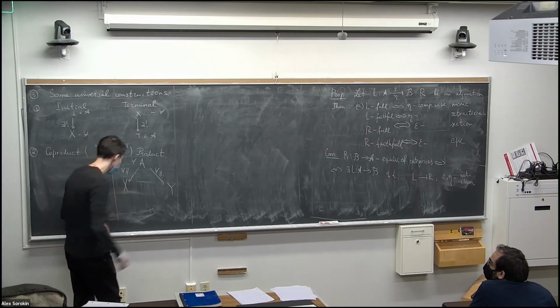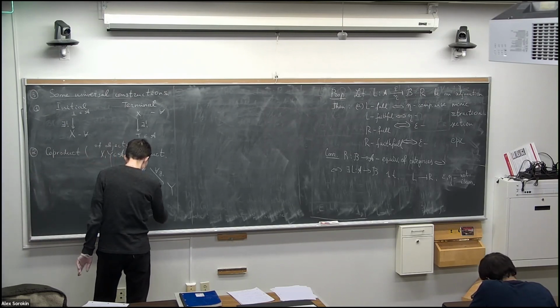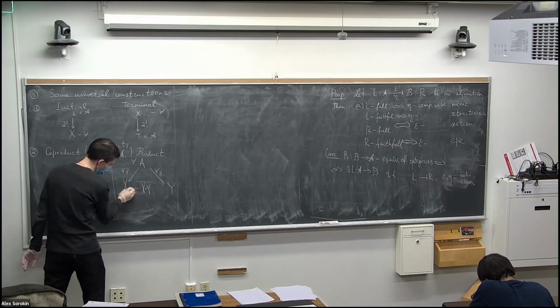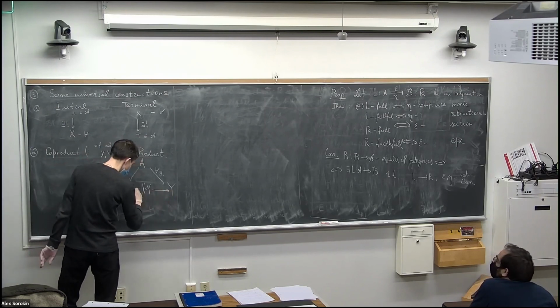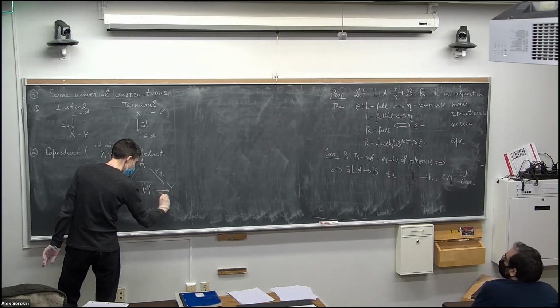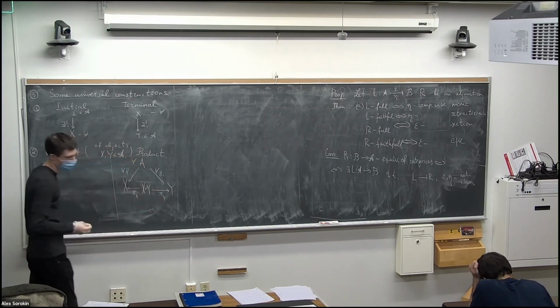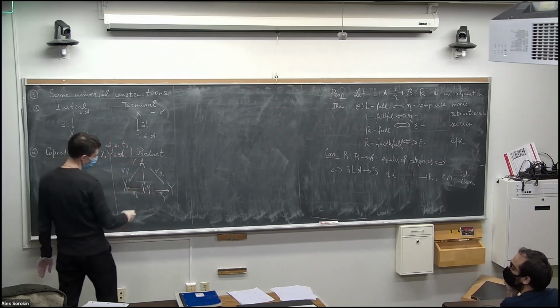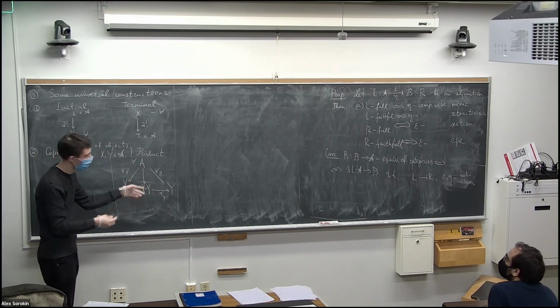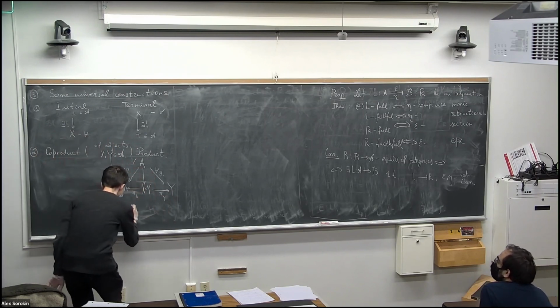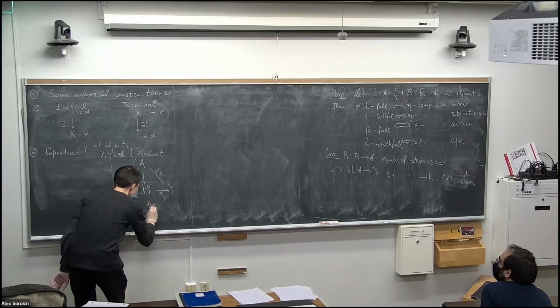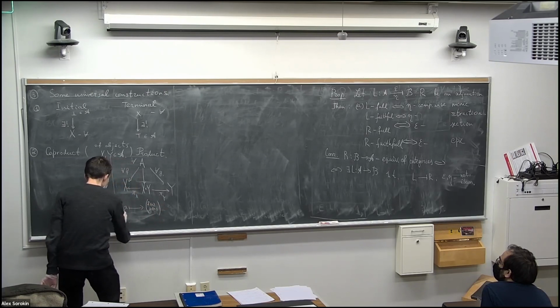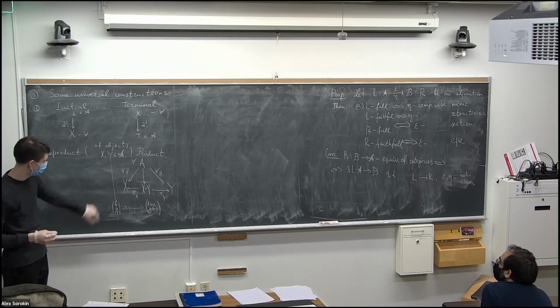We are taking the Cartesian product of sets x and y, and considering projections phi sub x, phi sub y, and taking a morphism from a set A to x times y. What is it? It's a diagonal morphism. So A will go to (f(a), g(a)), and this morphism will be (f, g).